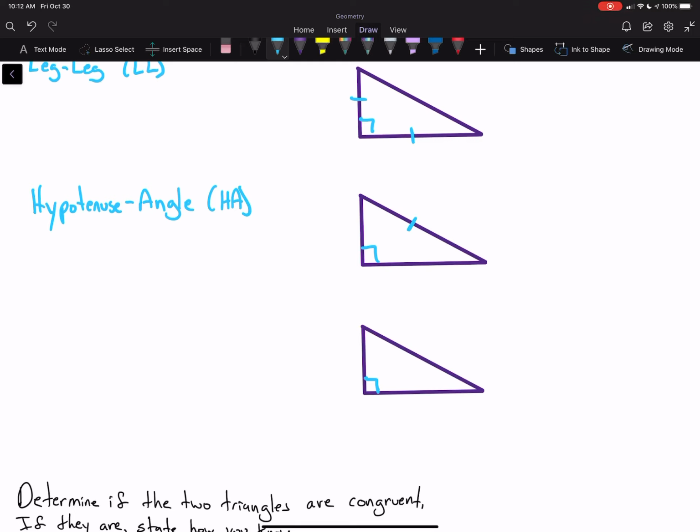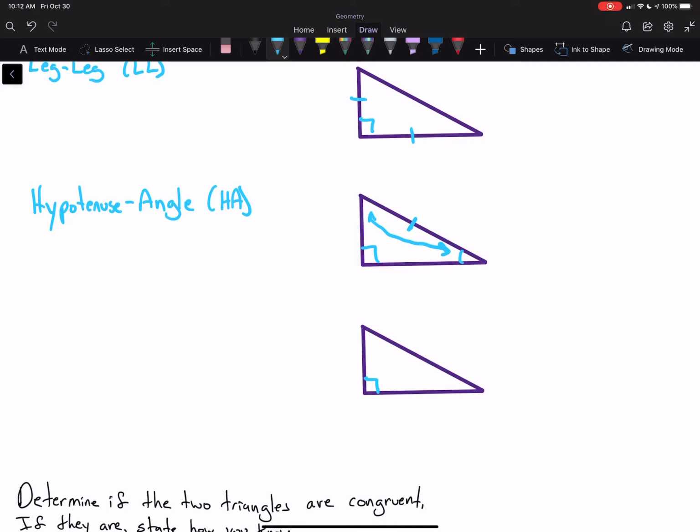So that would be this hypotenuse here, and then either of these angles, so it could be that angle or that angle there, that could be marked. It just has to be any angle other than the right angle.